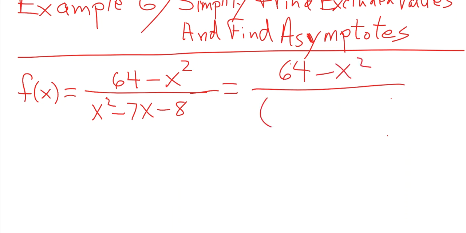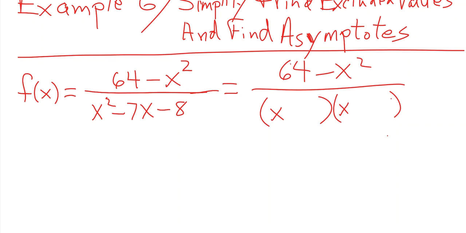In the denominator, we have x and x for x squared, factors of 8 with a difference of 1. Well, 1 times 8 is 8, and the difference between 1 and 8 is 7. So that should tell you right there, that's what we're going for. Remember FOIL, first, outer, inner, last. The larger of the outer and inner terms should take the negative sign because we have minus 7x in the center of this trinomial.